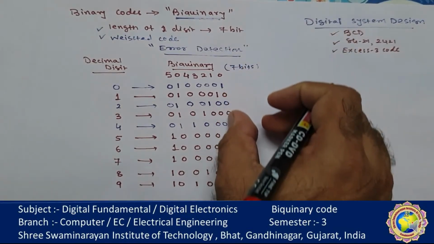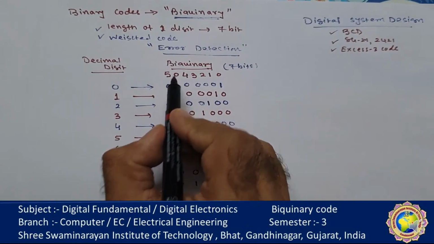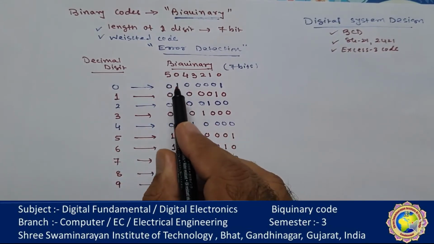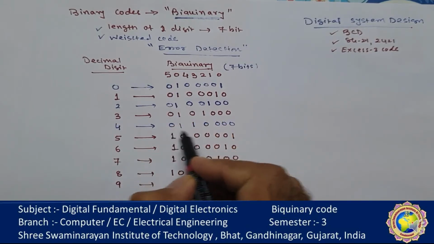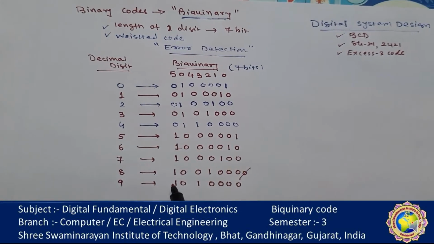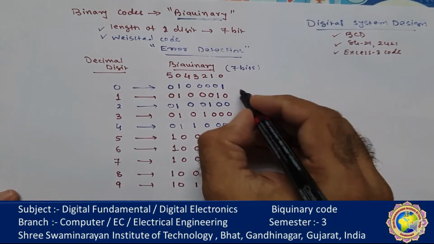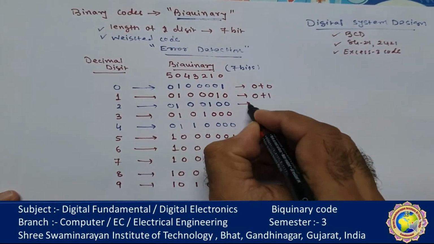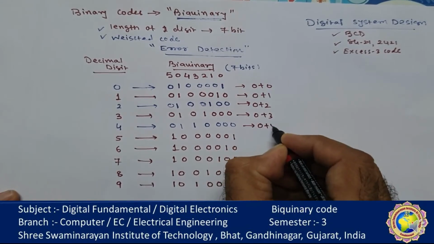Every code has a total of 7 bits, and the weightage is 5 and 0 for the first two bits, the MSBs. In the first 5 combinations, 0 1 2 3 4, the 0 bit is 1 and the 5 bit is 0, and the remaining combinations are arranged accordingly. So the weightage here becomes 0 plus 0, 0 plus 1, 0 plus 2, 0 plus 3, 0 plus 4.